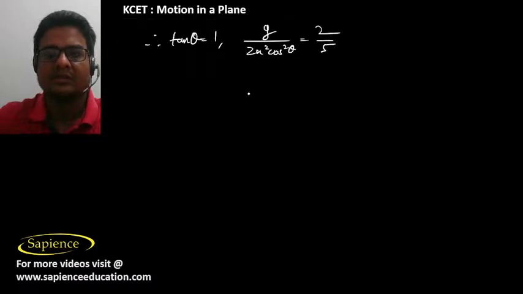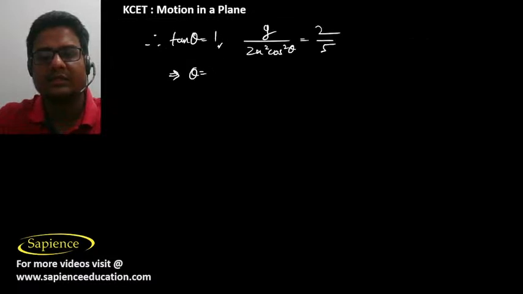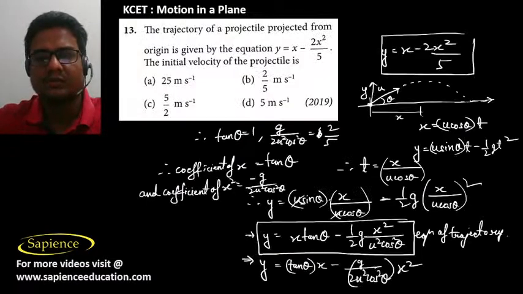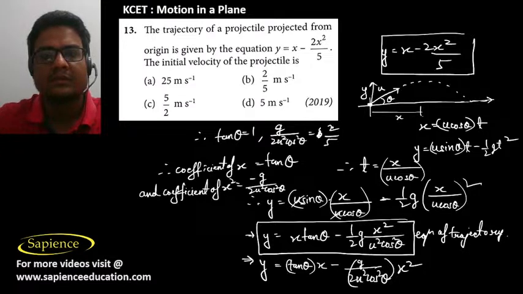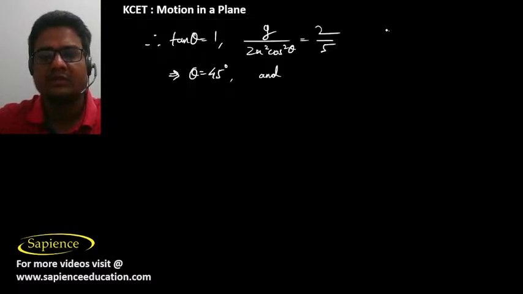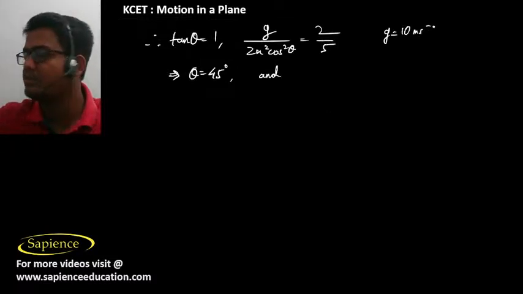So from here we can say tan theta is tan 45, equal to 1, so theta is 45 degree. Then g, suppose we take g as 10 meter per second square.